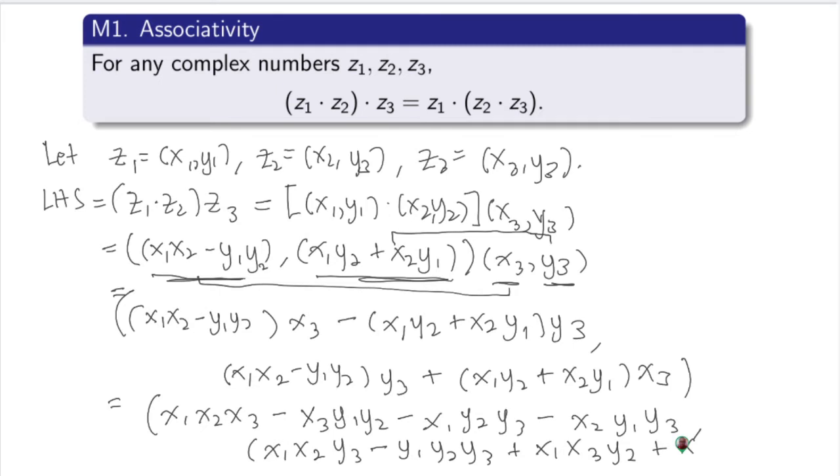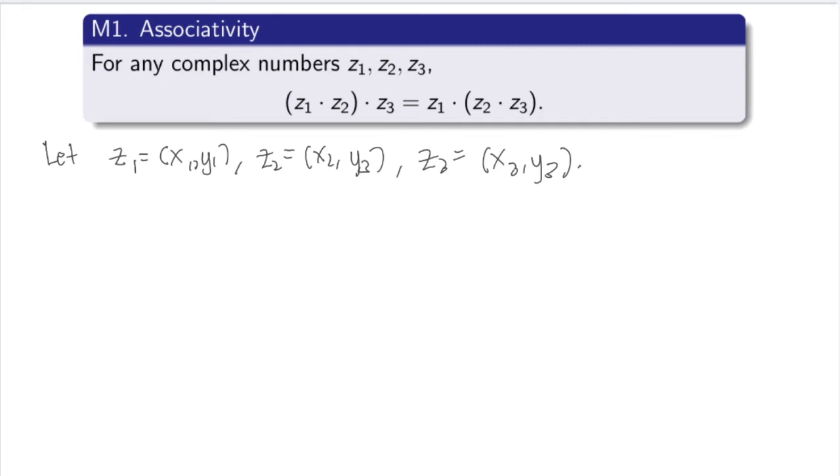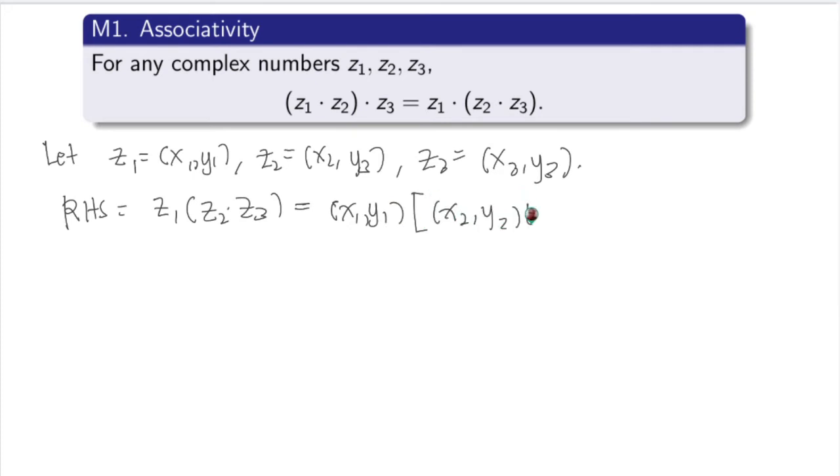x2, x3, y1. On the other hand, if we compute the right-hand side, we have C1 times the quantity C2 times C3 is equal to the complex number x1, y1 times the quantity x2, y2 times x3, y3. This time, we start with x2, y2 times x3, y3.